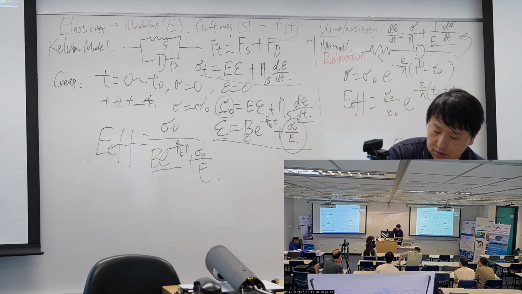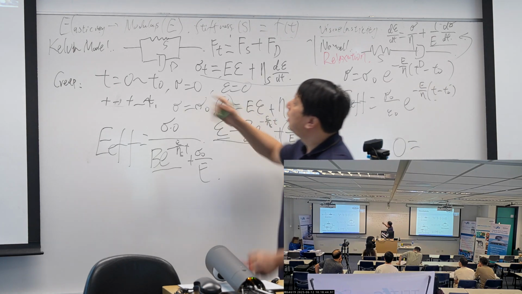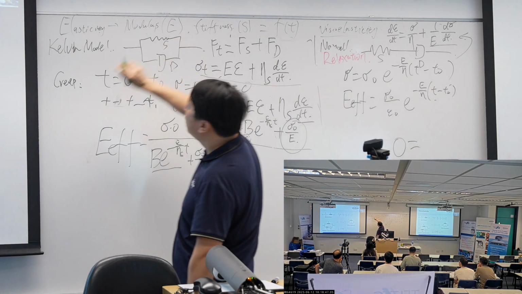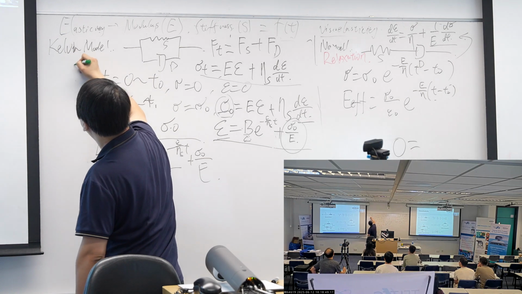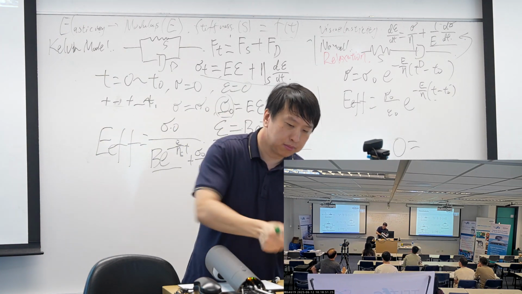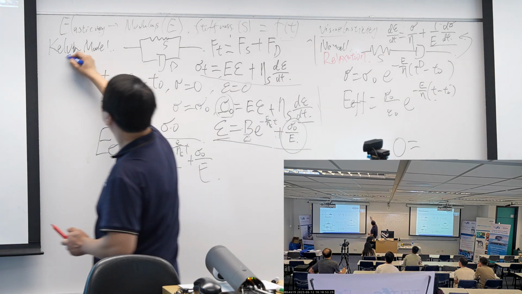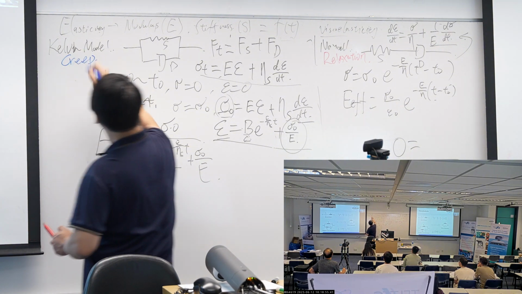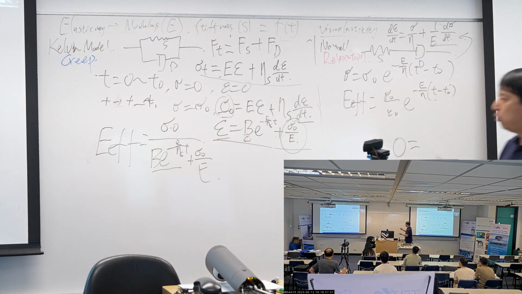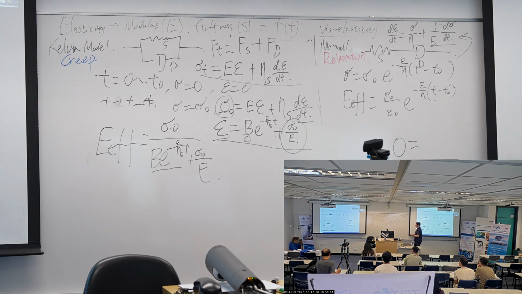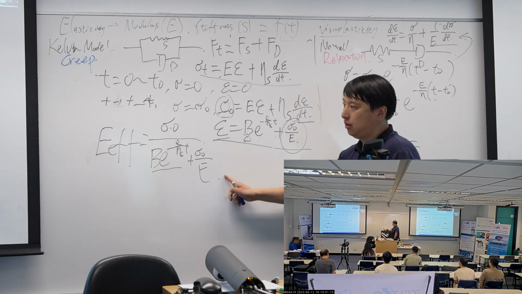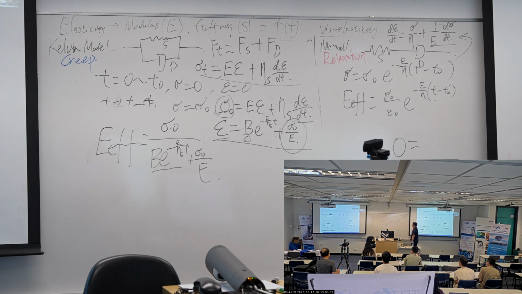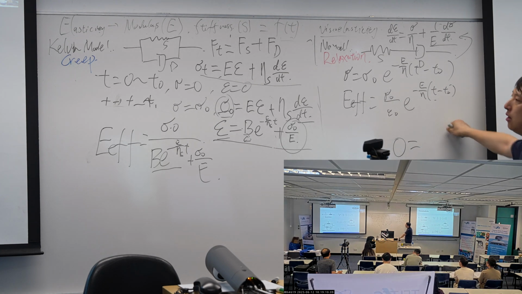And Kelvin used the parallel connection. He described the creep. Both of them gave a description of the modulus changing against time, and it looks like they are all reducing against time. So that's the end of their stories.